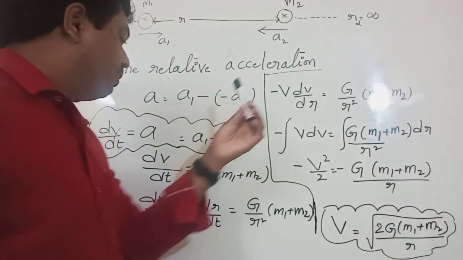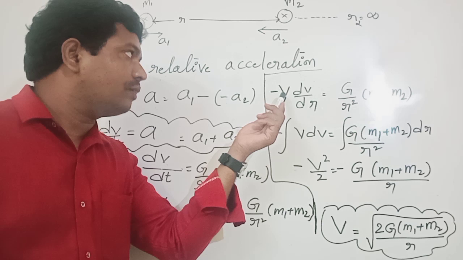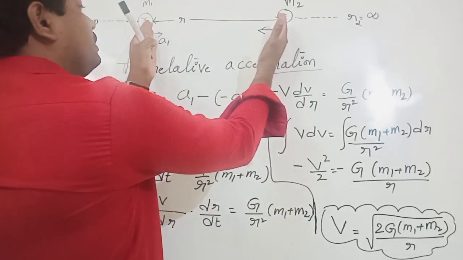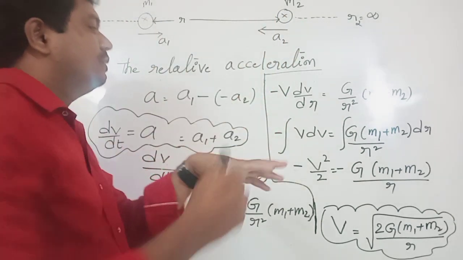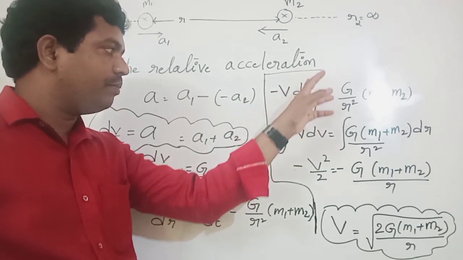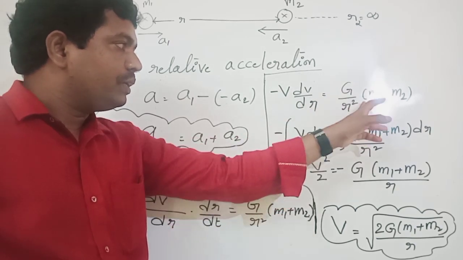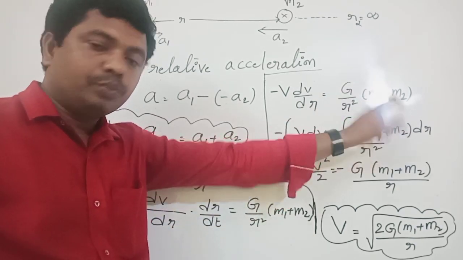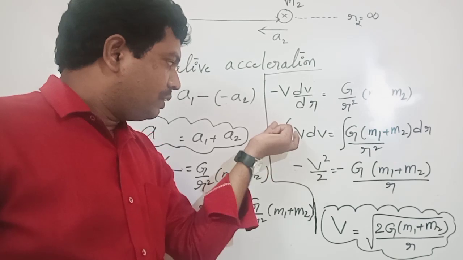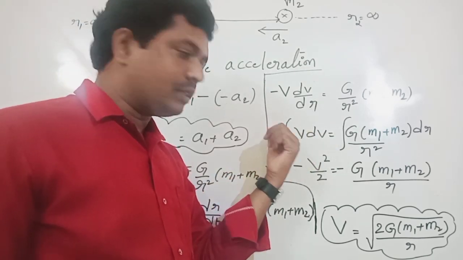But here you may get the doubt, why should we take the negative value? Because if the distance is decreasing with respect to time, the rate of velocity becomes negative. Minus v dv by dr is equal to G by r square into (m1 plus m2). So I'm applying integration on both sides. The minus comes out of the integration.